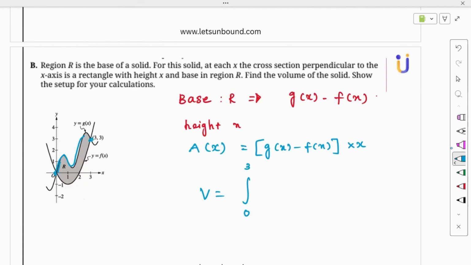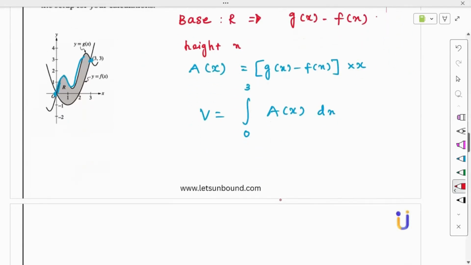So integral 0 to 3, A of x dx. That's it. So all I'm going to do is show the setup of the calculation, right? So 0 to 3, you can put x times g of x minus f of x. Here, one thing: we tend to forget this x, whether using the calculator or copying out, right? So make sure you're including everything and double check it.